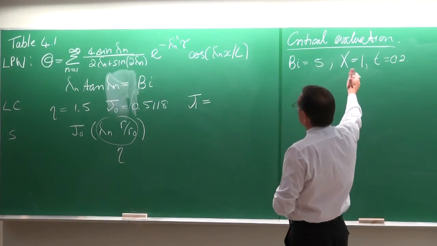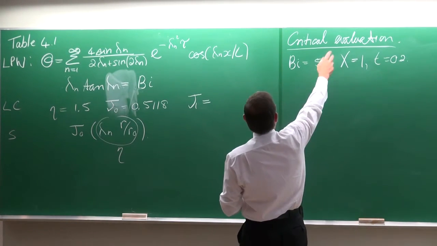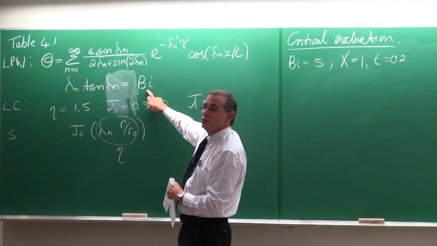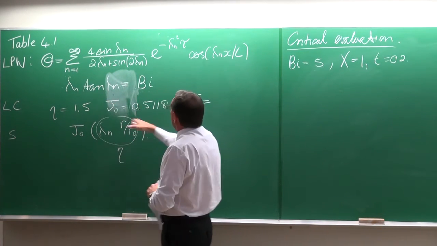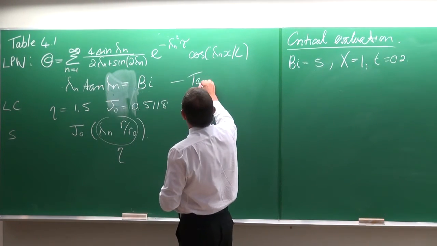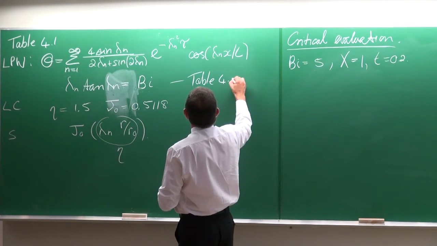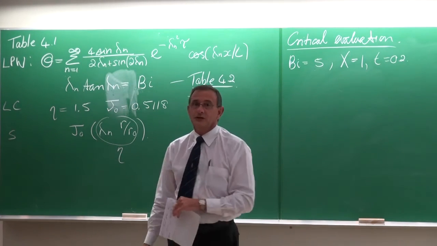Let's suppose it is a plane wall. With the Biot number known, we can get the roots. Where do we get the roots? We get the roots in table 4.2. Marlies, if we can go to table 4.2 quickly.